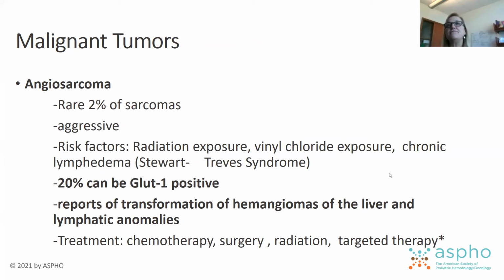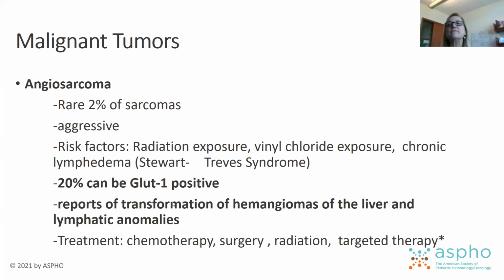Angiosarcomas are also very rare tumors. They occur in 2% of sarcomas in general. They're very aggressive. They can occur with other risk factors such as radiation exposure, chemical exposure, or sometimes in our malformation patients. 20% of them can be GLUT1 positive. I think that is very important for you to know as far as a differential diagnosis.